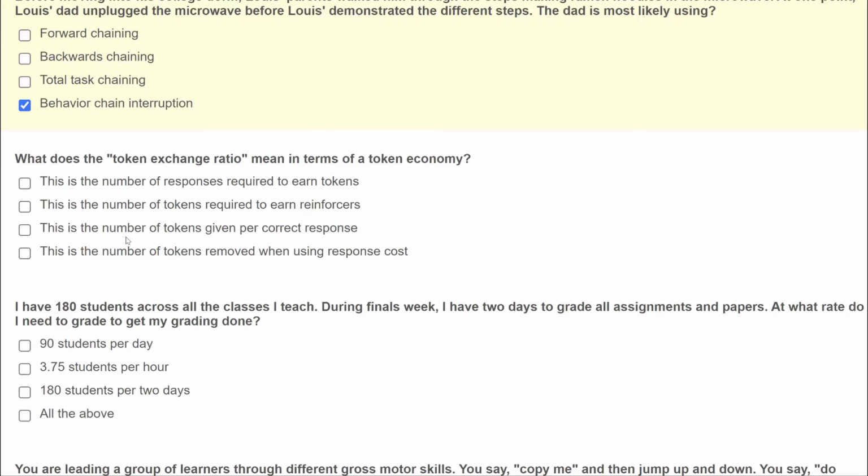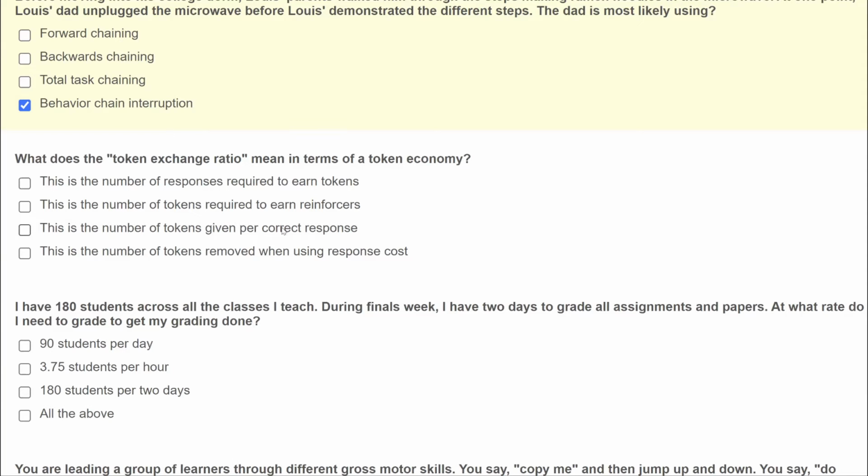C, this is the number of tokens given per correct response. No, because this is going to be the exchange. You've earned the tokens. Now, how many do you need to exchange in order to earn your backup reinforcer? And then D, this is the number of tokens removed when using response cost. Again, no. Typically, response cost, you're only removing 1 token, but that is not how the token exchange ratio applies in this setting.